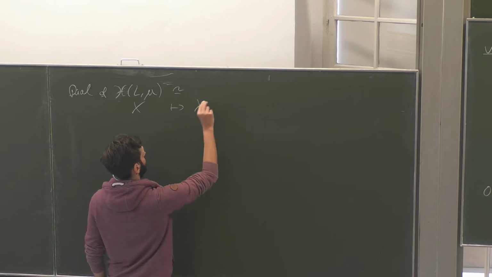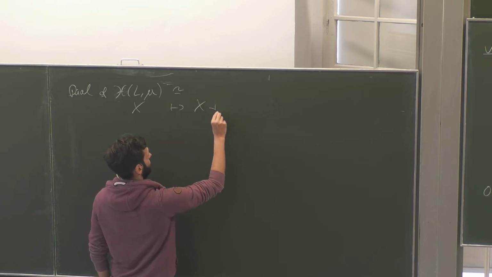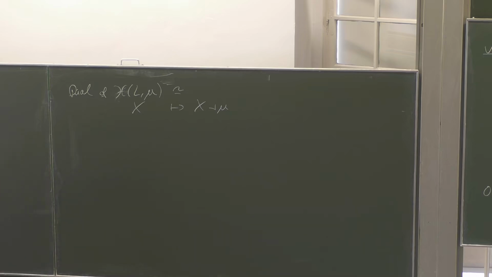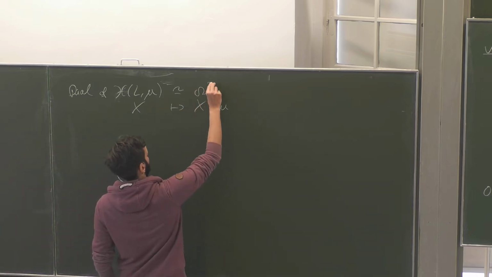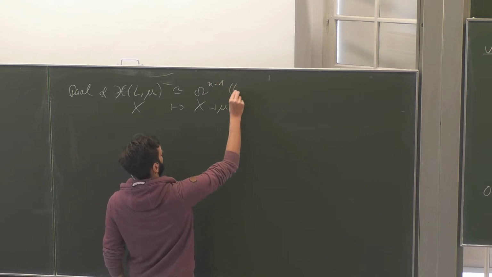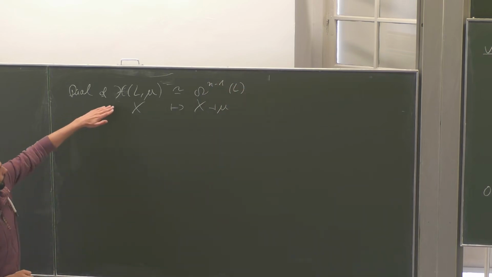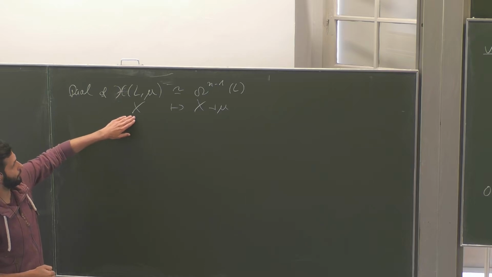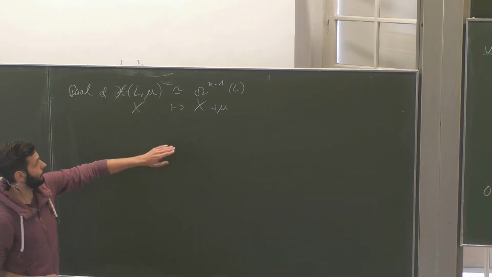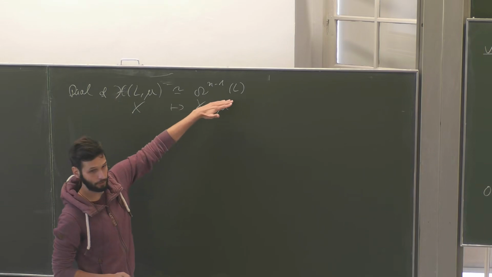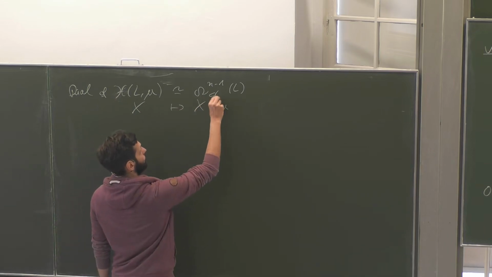So if we have the volume form, we plug the vector field into this volume form to get an n-1 form on L. And because we assume that our vector fields preserve the volume form, we don't get all of them, but only the ones which are closed.